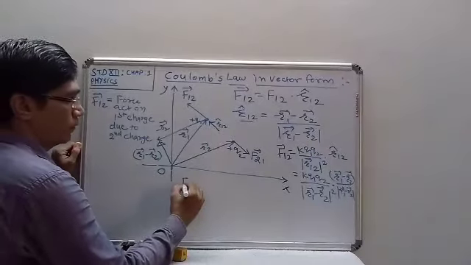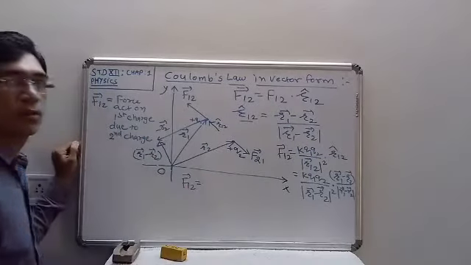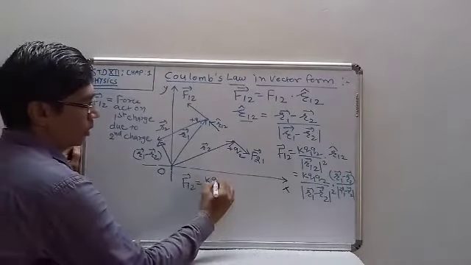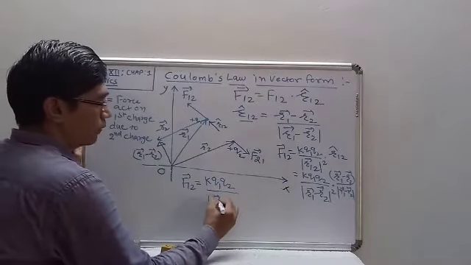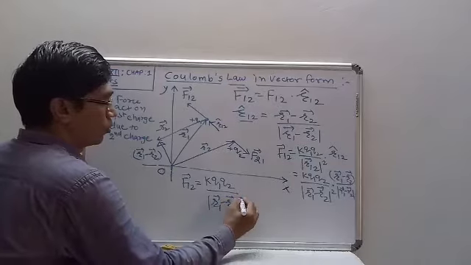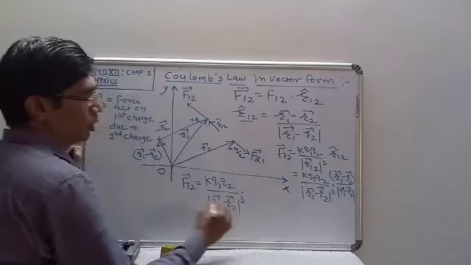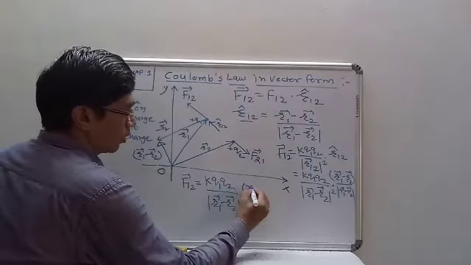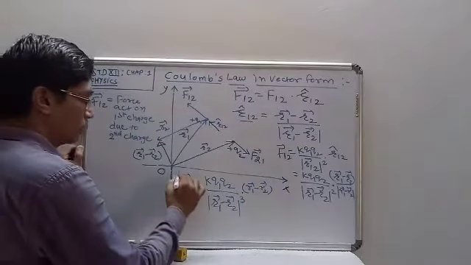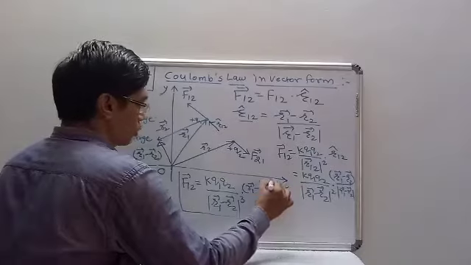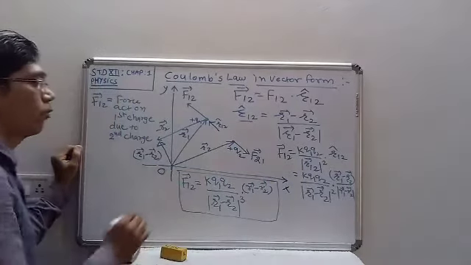So in general we can write F12 is equal to K Q1 Q2 upon magnitude of R1 minus R2 raised to 3 into R1 vector minus R2 vector. So this is Coulomb's law in the vector form.